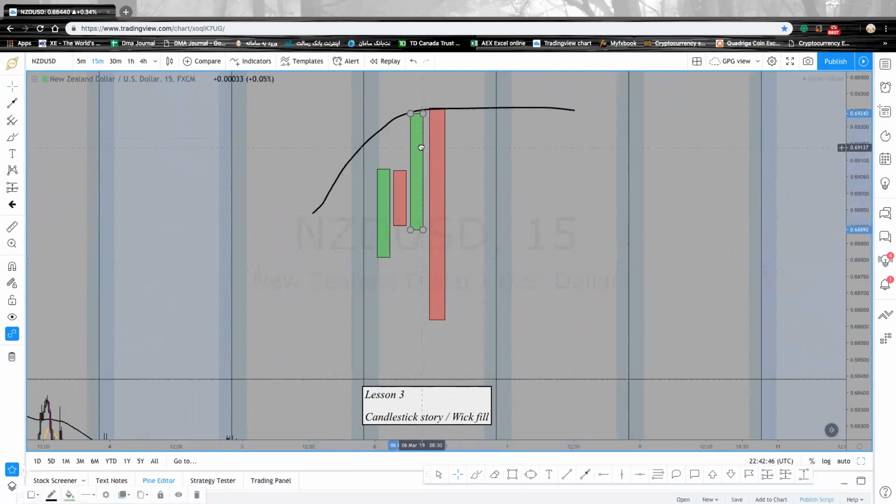Okay, and you have a wick here on this candle. Let's say this one has a wick. So imagine there is an EMA here, and when price comes here and shows a wick at the close, that tells me the candle is rejecting the EMA.